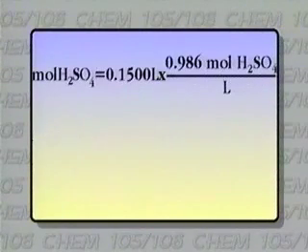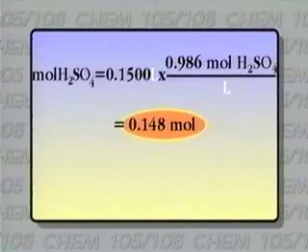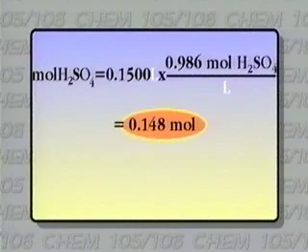That's going to be equal to volume in liters, 0.1500 liters, multiplied by the concentration in moles per liter, 0.986 mole of H2SO4 per liter, so our liters cancel, and the number of moles of sulfuric acid then, 0.986 times 0.15 gives us 0.148 moles of sulfuric acid.